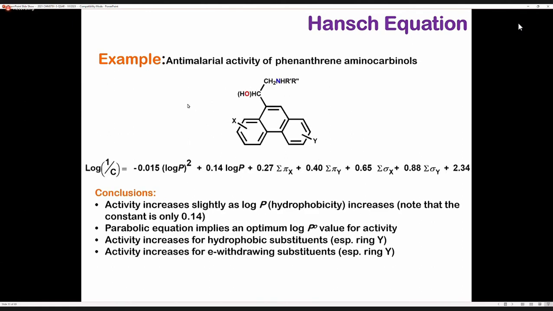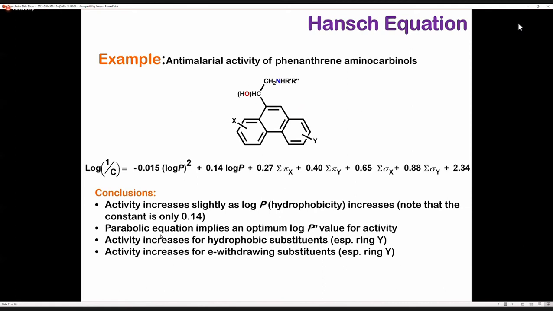Okay, this is another example, anti-malarial reactivity of phenytoin and carbonyls here. Right, so these are the equations. Here it looks longer than the original equation earlier. You have pi at X, pi at Y, sigma X, sigma Y, and then lastly the log P squared, overall contribution.